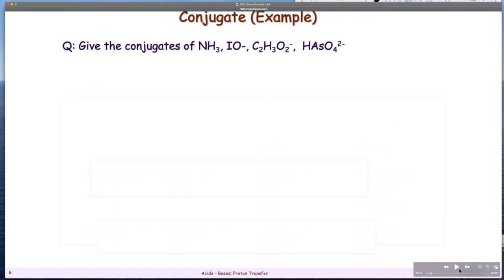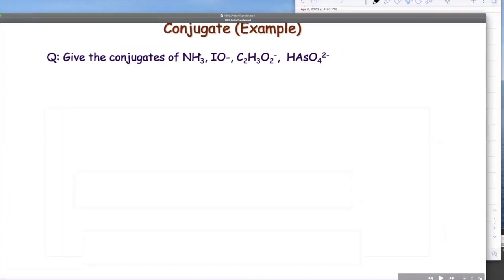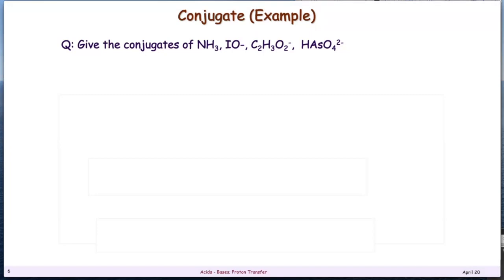So if the question is, give the conjugate pairs of NH3, IO minus, C2H3O2 minus, and HASO4, you can actually do this by doing this.